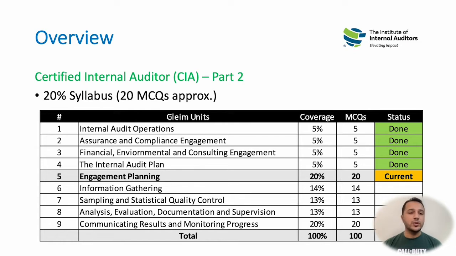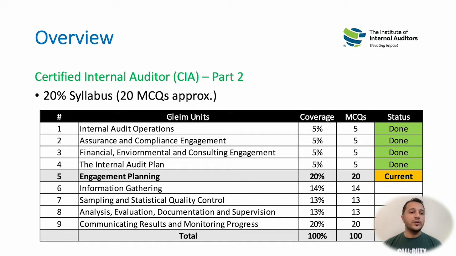The entire exam is of 100 marks, and here I've given you an approximation of how many MCQs might come from each unit. There's no hard and fast rule. They might increase a few MCQs in each section, but this is just a general idea. It also tells you that you cannot skip any unit, so it is vital to grasp the entire syllabus.